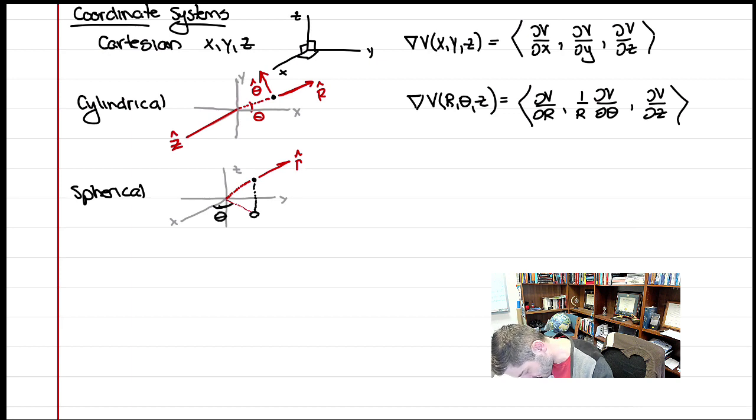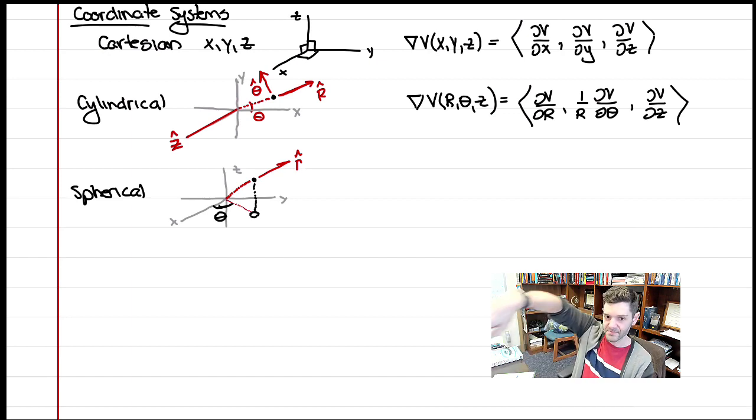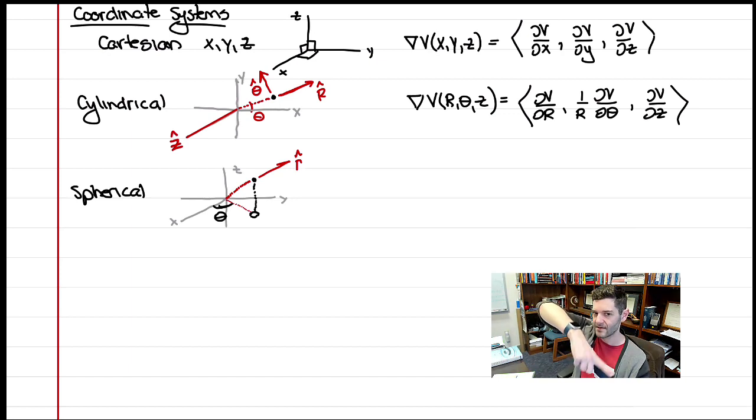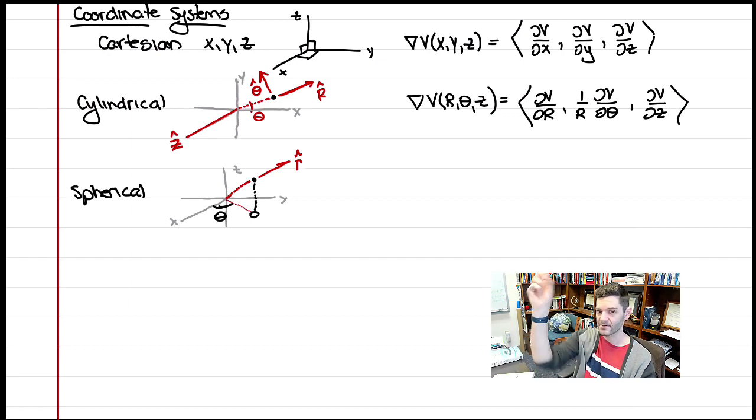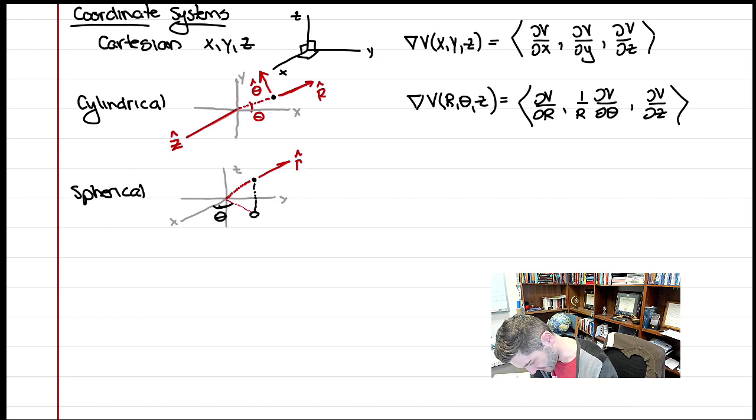I might call that θ, since that matches the polar definition of θ. You go counterclockwise from the x-axis. But then that tells me how to sweep around in this direction. I also have to specify where I am, so that you could think of as latitude. But then I also have to specify longitude, or what's called the altitude, which is the angle from the z-axis down to this line. Maybe I'll call it φ.